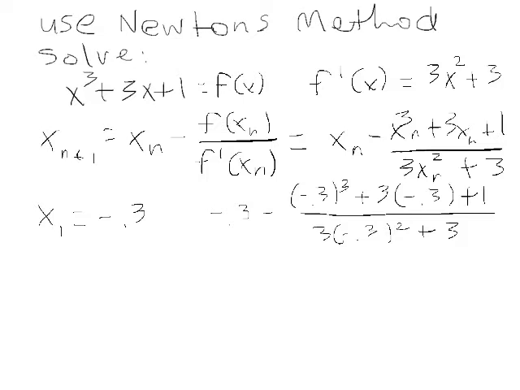And when you run it through your calculator, you're going to get the next term out, which is going to be x2. So if you punch this all in correctly, and we want to carry through a few decimal places, what you're going to end up with is negative 0.322324159.